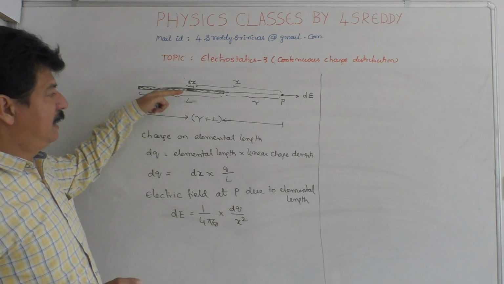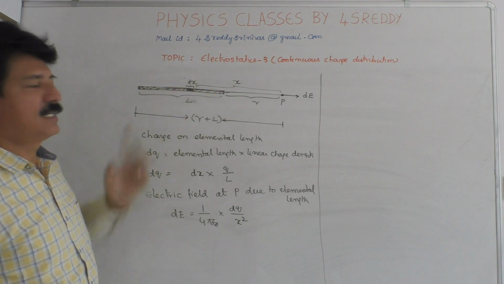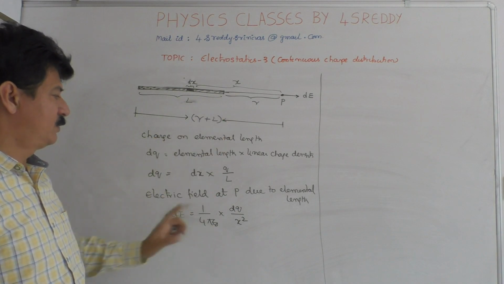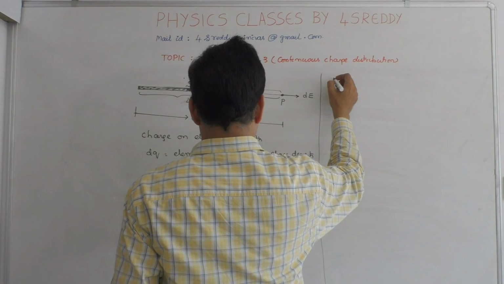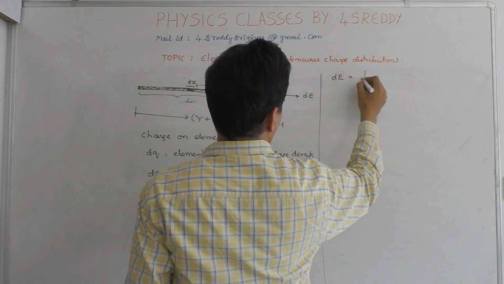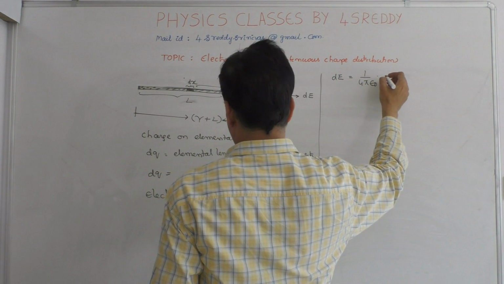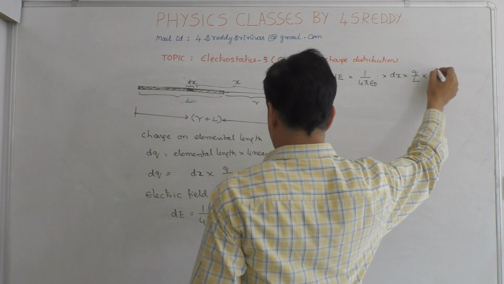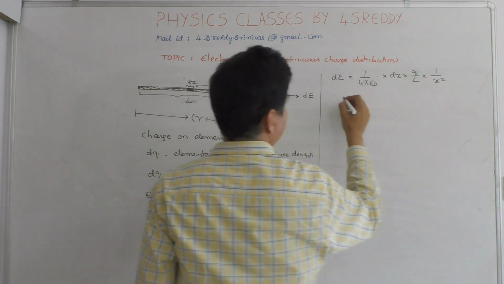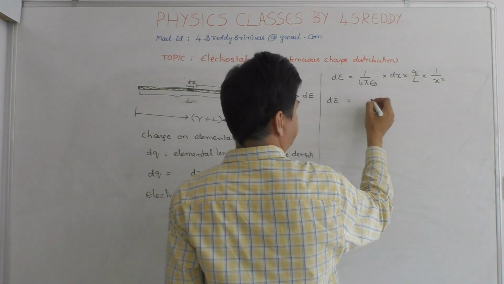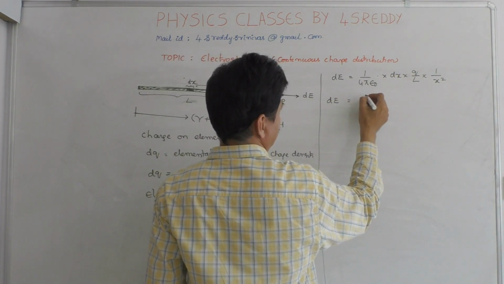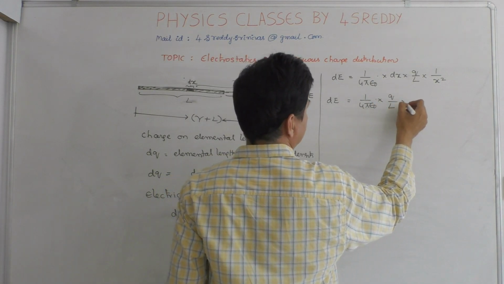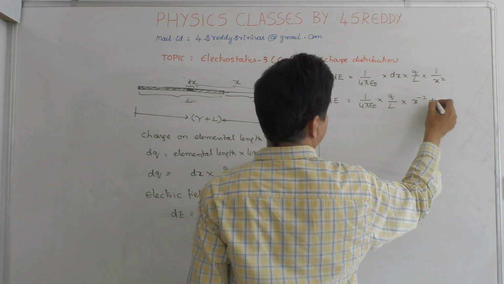Consider an elemental length dx at a distance x from the point P, then the elemental charge dq is dx into Q by L. Therefore dE equals 1 by 4 pi epsilon naught into Q by L into 1 by x squared into dx. Therefore dE equals 1 by 4 pi epsilon naught into Q by L into x power minus 2 dx.